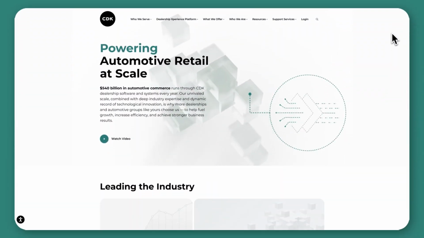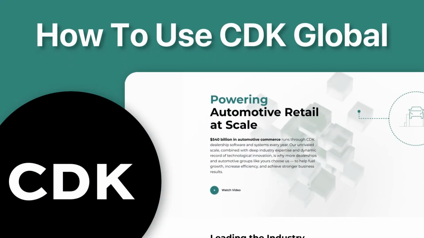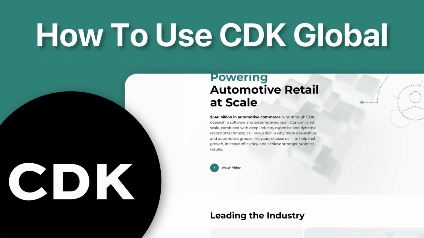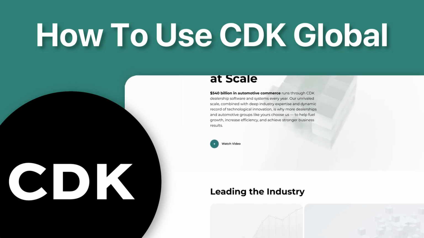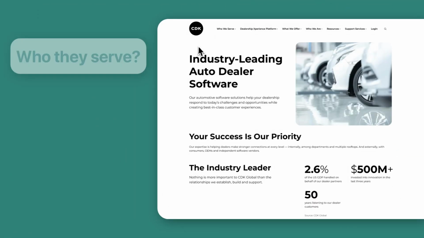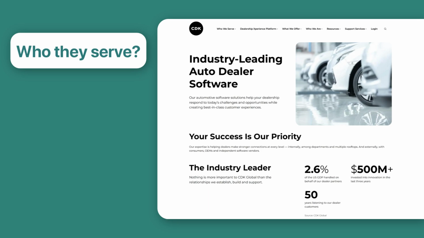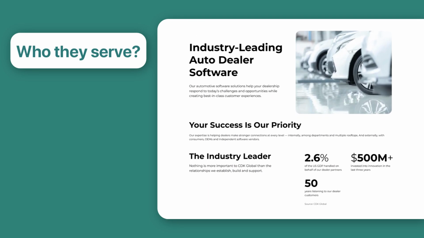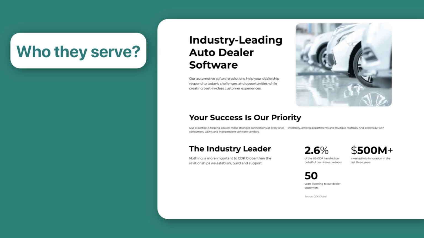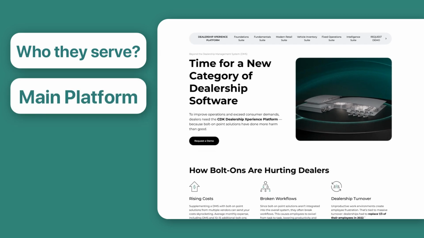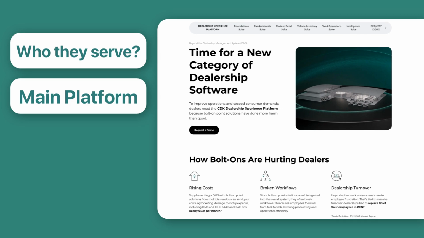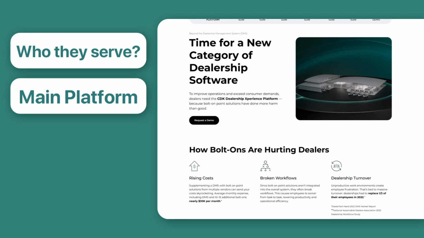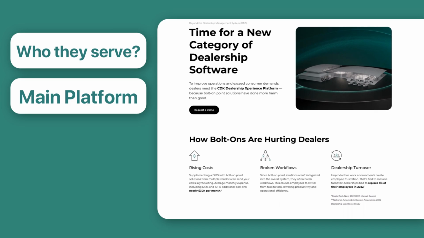In this video, I'm going to show you how to use the CDK Global platform as a complete beginner, step by step. Here's what you can expect from this video. First, we'll look at the core industries CDK serves, including traditional auto lots, heavy trucking, and direct manufacturer connections. Next, we'll dive into the main platform architecture, looking closely at the vital foundations and fundamental suites that run the back office.